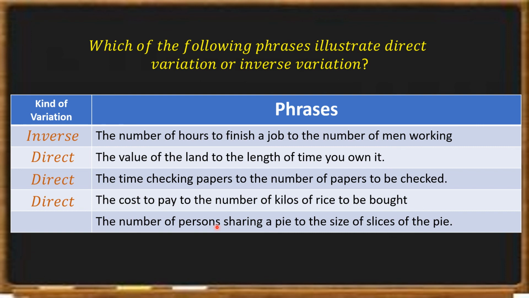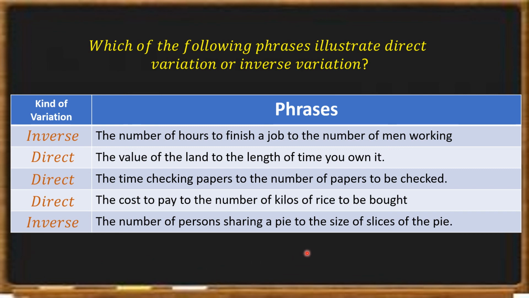So, liliit yung share mo sa slices. Better, maliit lang yung magsishare-share para mas malaki yung slices. Okay, so this is inverse. Tumaas yung person sharing, liliit yung slices na matatanggap nyo na makakain nyo na pie.